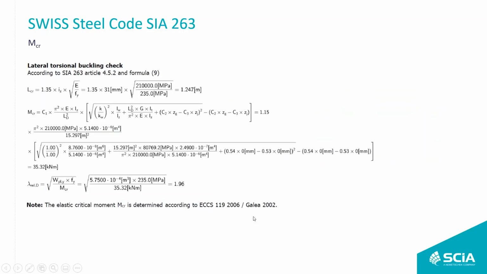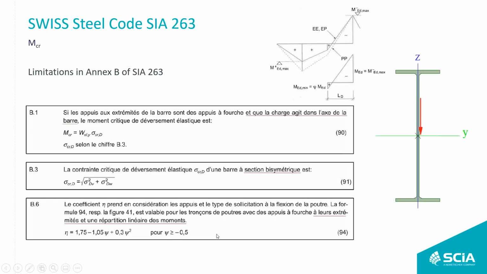Some words about the M critical. So we are using the general approach according to ECCS 119. And the reason was because in the Swiss norm, we had too many limitations. And so the check was quite limited. The load had to be applied in the center of gravity of the section.